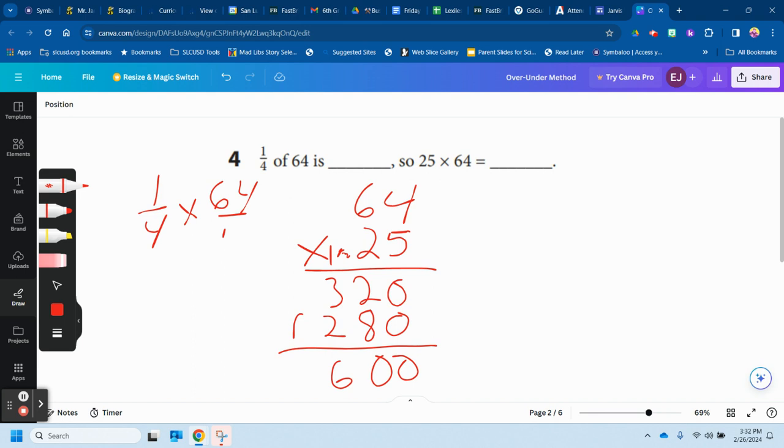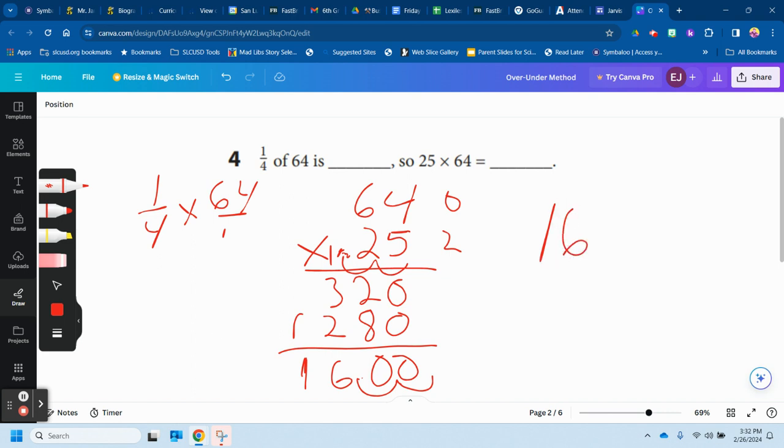And then the trick is, since you're multiplying decimals, you count how many digits in the factors are behind the decimal point. There's 2 here, and 0 up here. That's a total of 2. So if there's 2 behind the decimal point in both factors, you move the decimal point over 2. And that gives me 16.00, which is really just 16.